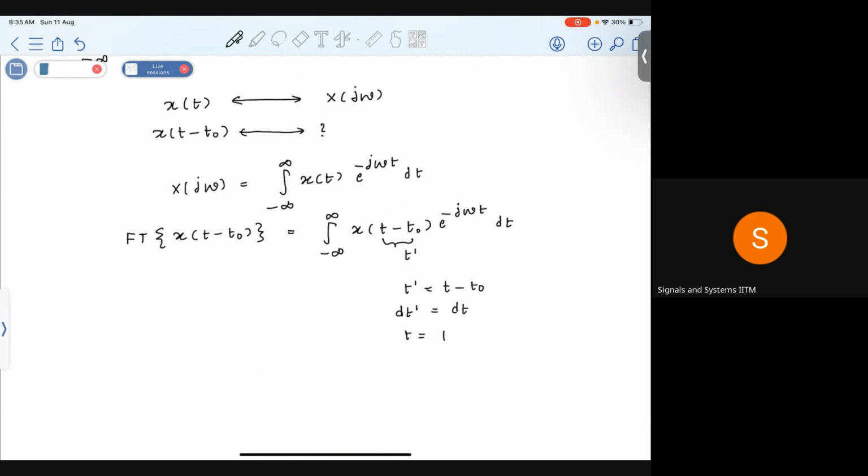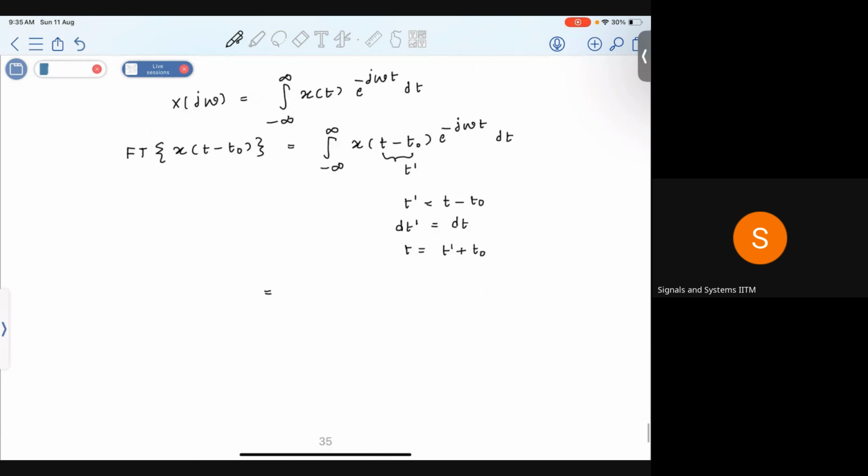Likewise, t is t prime plus t naught. When you substitute, what you get is minus infinity to infinity x of t prime e power minus j omega t naught e power minus j omega t prime dt prime, which is simply e power minus j omega t naught integral minus infinity to infinity x of t prime e power minus j omega t prime dt prime.